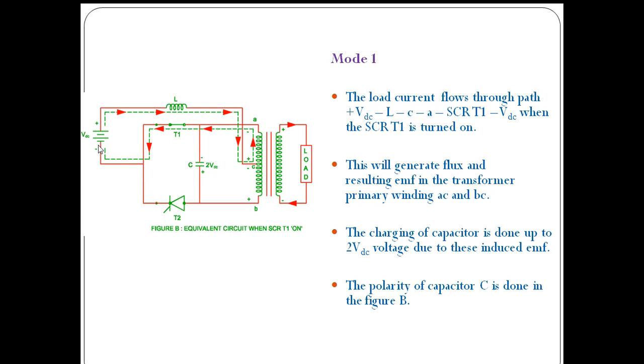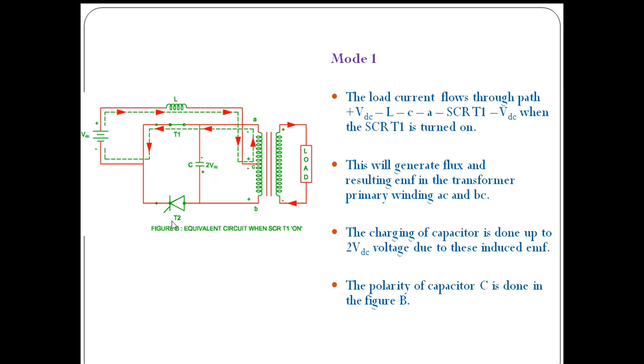When the current flows through thyristor T1, the first half of the transformer primary is charged to VDC, and this voltage appears across the capacitor, which charges with this polarity up to 2 VDC.